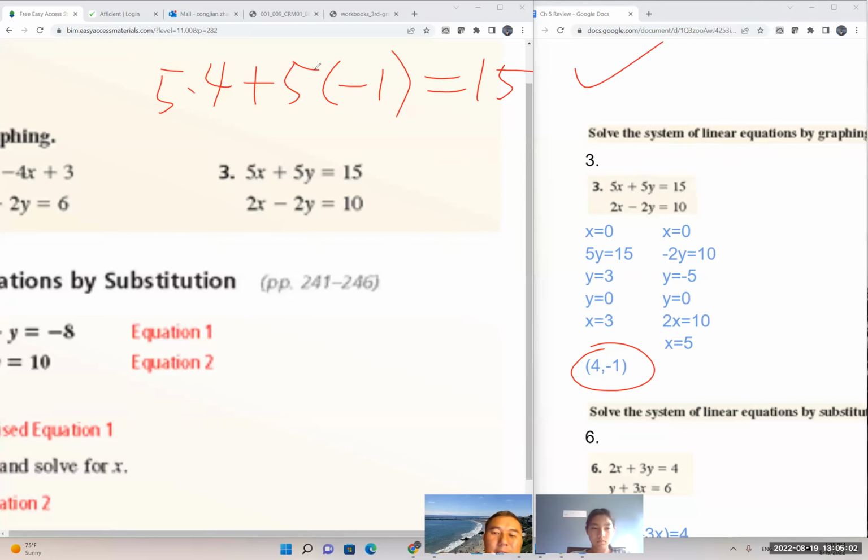So it's true, right? Then 2 times 4 minus 2 times -1 equal to 10. Okay, yeah, it's correct.